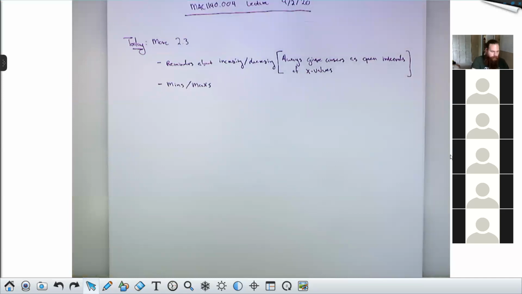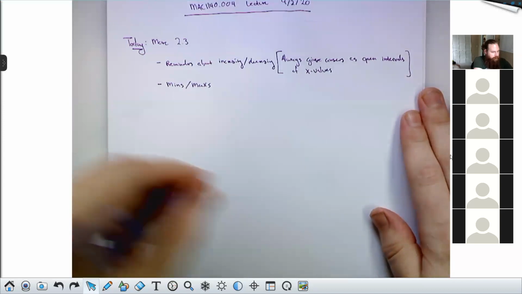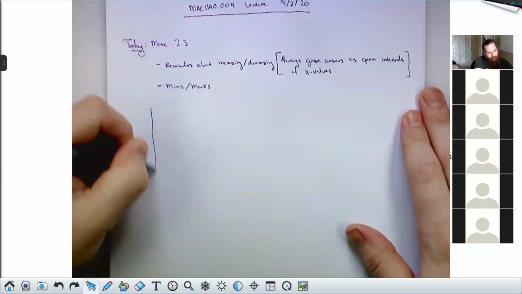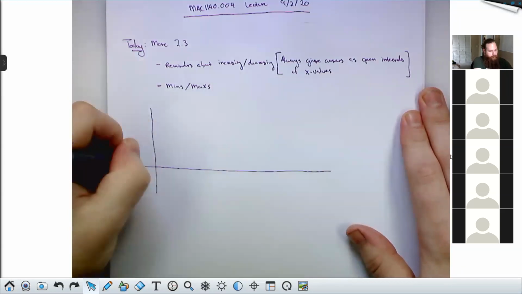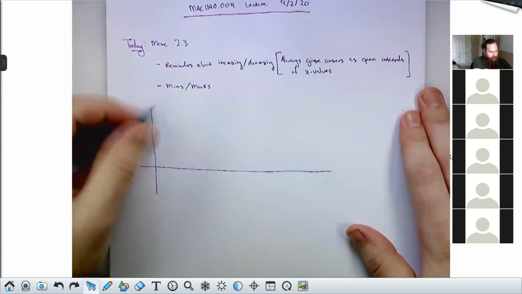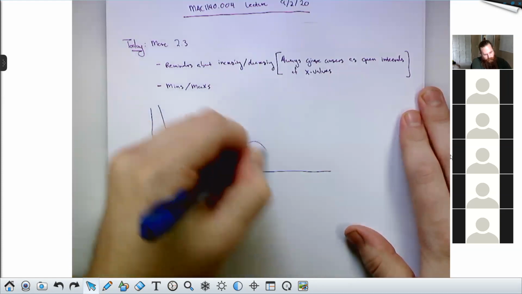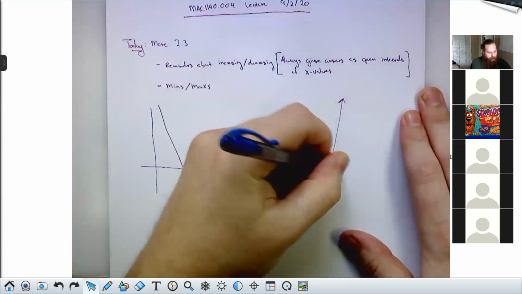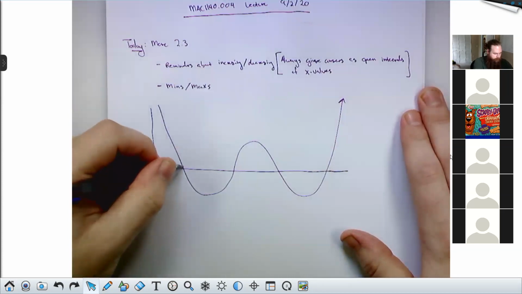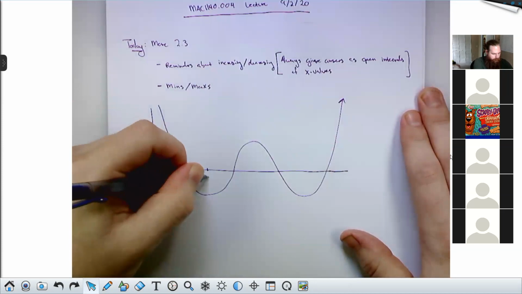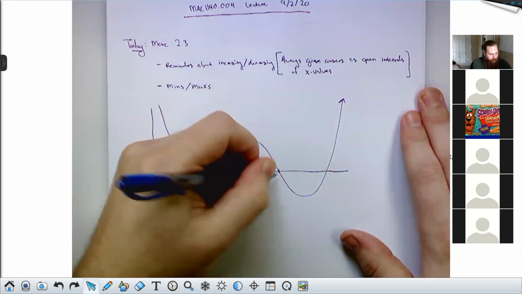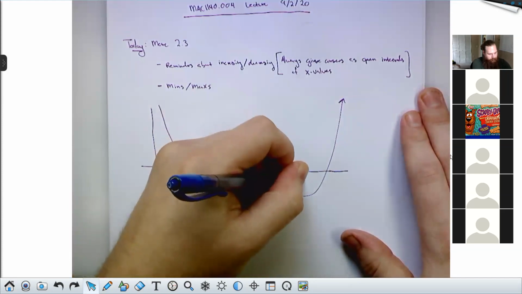So let's look at a quick example here for the increasing and decreasing stuff. Maybe I have a function that does something like this. I could call this 1, 2, 3, 6.